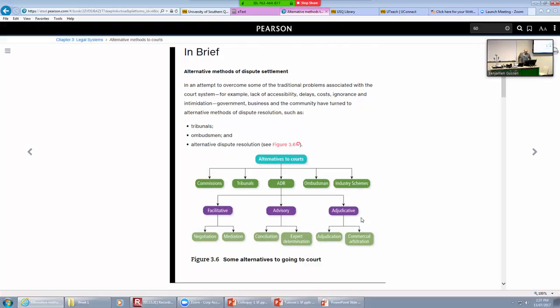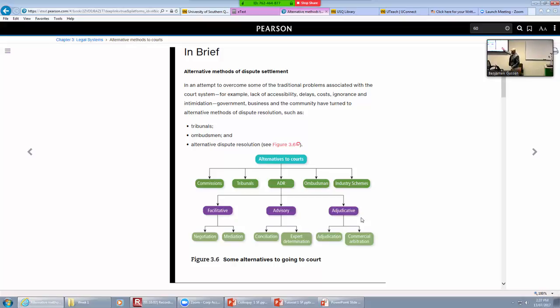But basically, you can see that ADRs are one option of many others. So sometimes there are possibilities to go to certain types of commissions, like the Fair Work Commission, or certain tribunals, like the QCAT, or ombudsmen that relate to certain industries, like the finance industry or the communications industry, or sometimes industry schemes that can also look at solving conflicts.